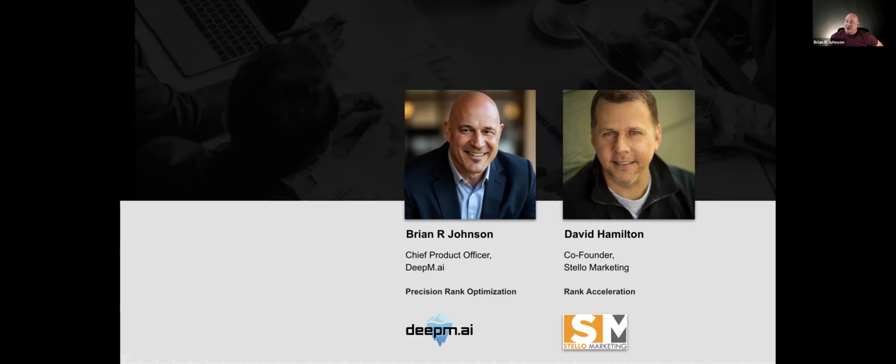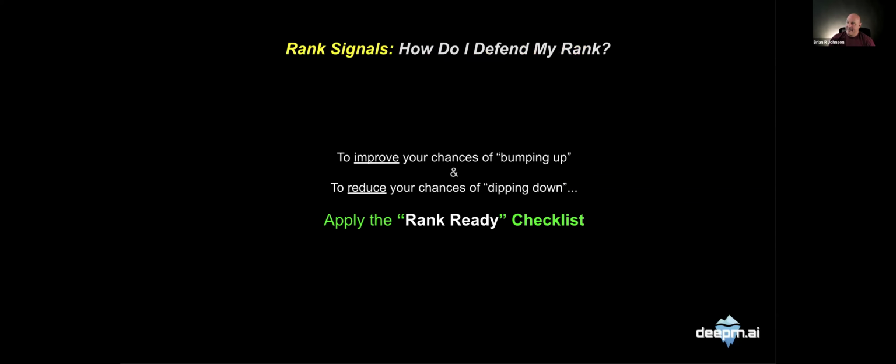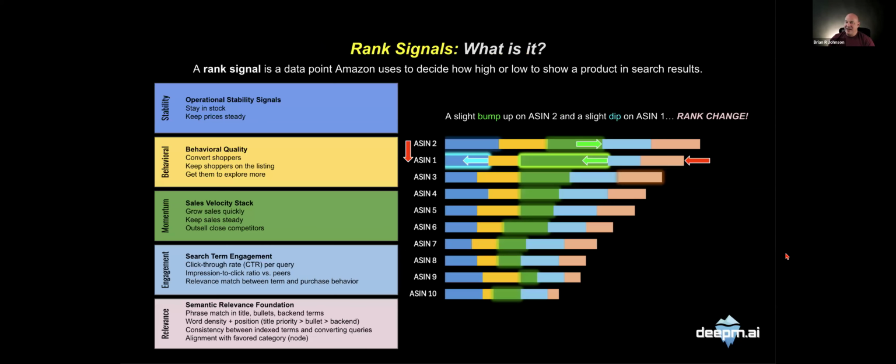No, not necessarily. That's actually where we go back to those rank signals. If I scoot all the way back up here, that rank signal applies to every search term for each of your products, for each variation. This looks different for every search term for every product you have, and your competitors.